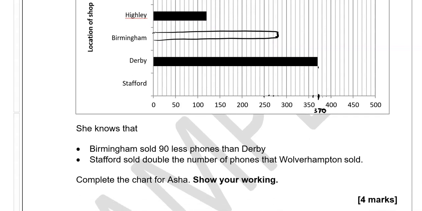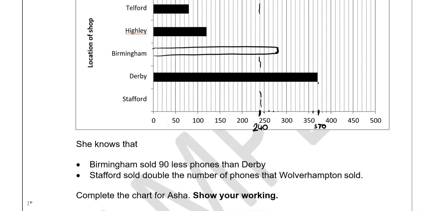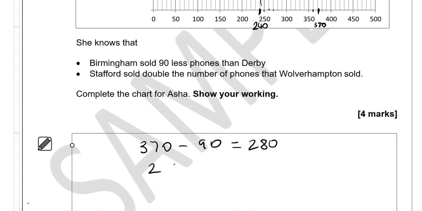Now for Stafford, they sold double the number of phones that Wolverhampton sold. So where is Wolverhampton? We are going down to this point, which is 240. So 2 times 240 gives us 480.